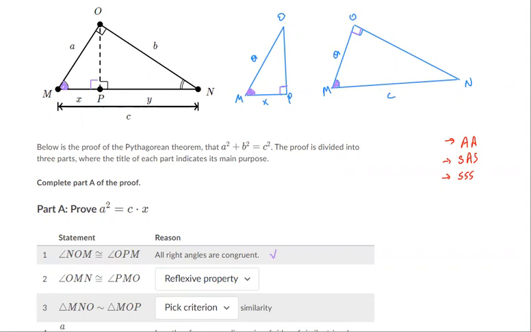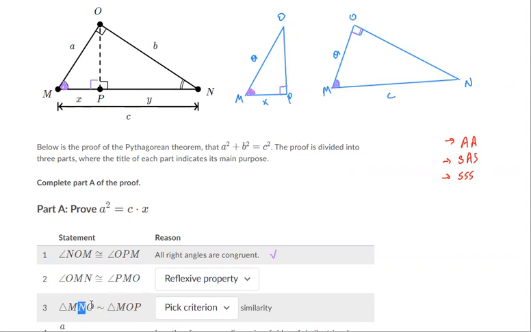So the triangle M, O, N, so this is M, this is O, and this is N. This triangle is similar to MOP. The order matters here: you start with M, which is the angle in purple, so we go with the M in purple, which is going to be the first letter in that similarity statement.